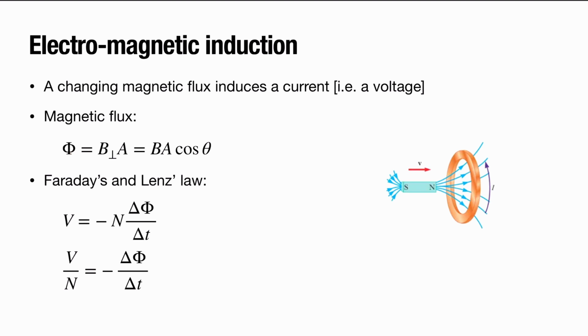Now, we are ready to begin to talk about how a magnetic field could be understood to give us a current. Well, the work of Faraday and Lenz could be formalized in this sentence: a changing magnetic flux induces a current or a voltage. A changing magnetic flux induces a current. Another way of saying this is, if we had a bar magnet here, we would have a number of field lines passing through this area.